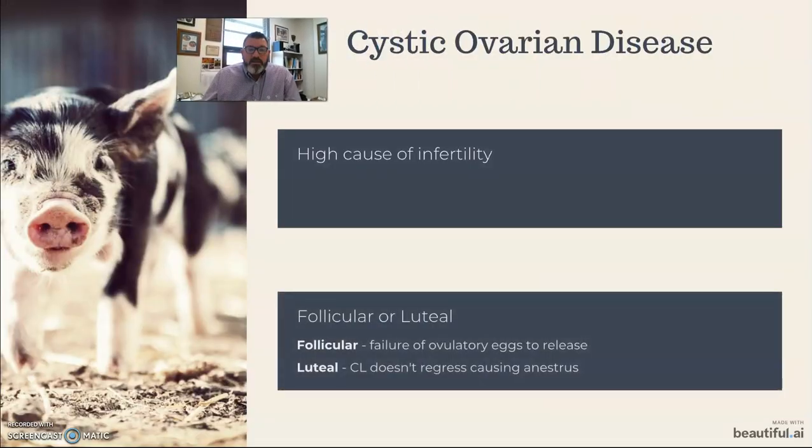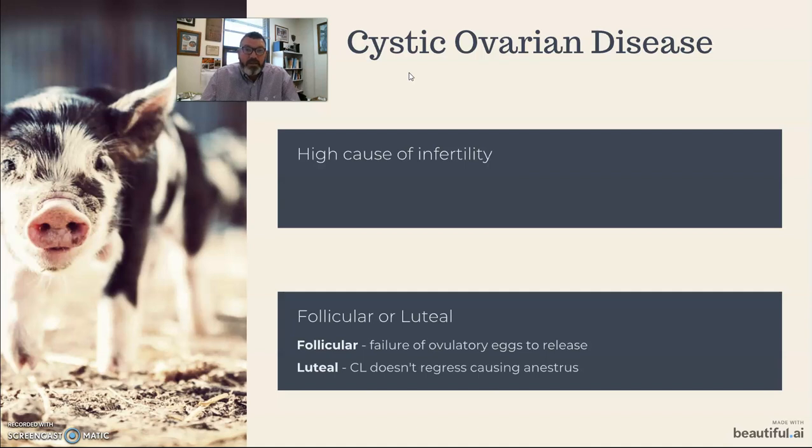Next is cystic ovarian disease, a very high cause of infertility in sows. There are typically two types of cysts. You can either have a follicular cyst, where a group of ovulatory follicles that would be carrying an egg just don't ovulate off of the ovary for some reason. Might be hormone imbalance, might be nutritional imbalance, might be stress related.